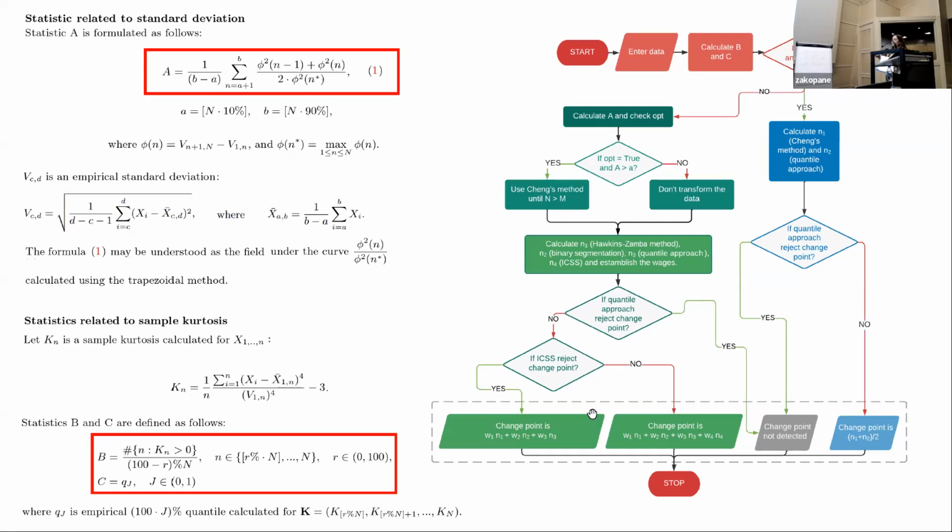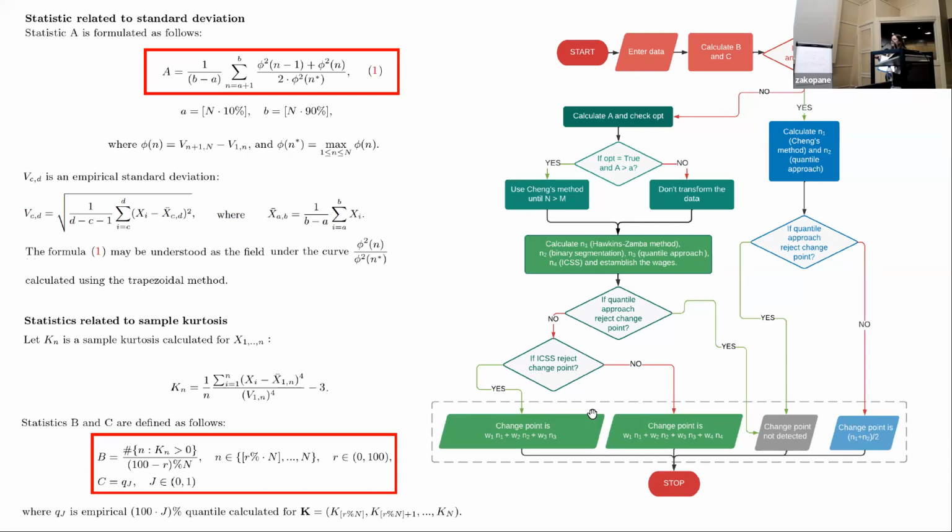Next we have two criteria that help us decide whether we should reject our change point or not, and if the first of these criteria rejects the change point, then we also reject it.